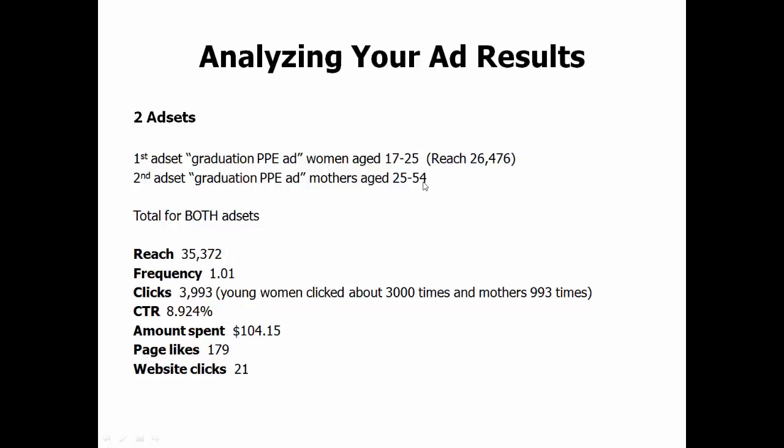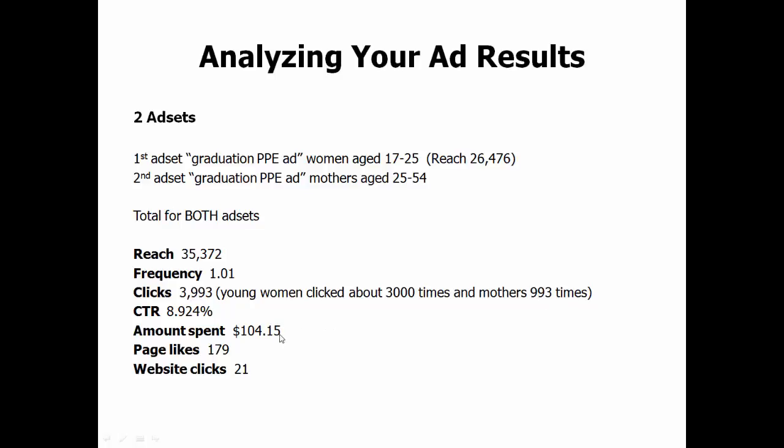If I analyze both ads, the data shows the total reach for the first one was 35,372. The frequency was 1.01. Clicks at almost 4,000. The young women clicked about 3,000 times, and mothers 993.